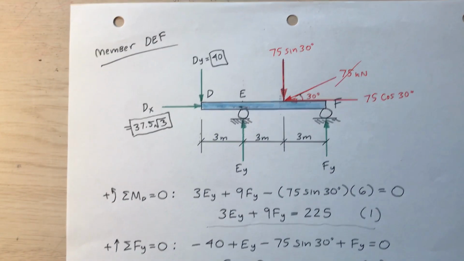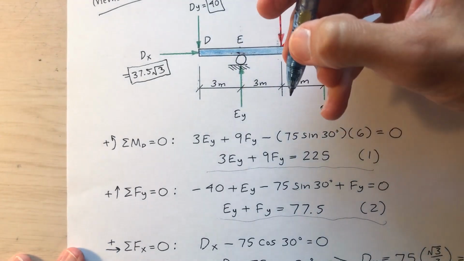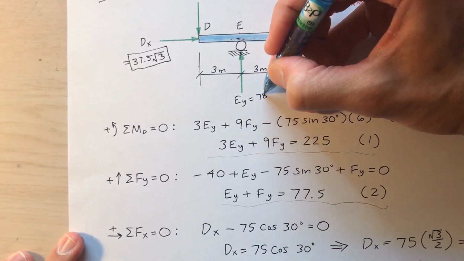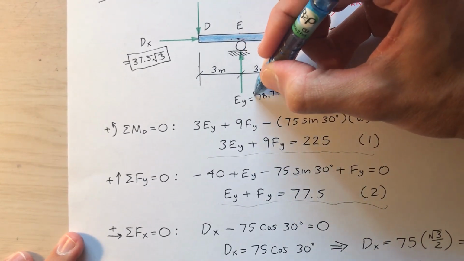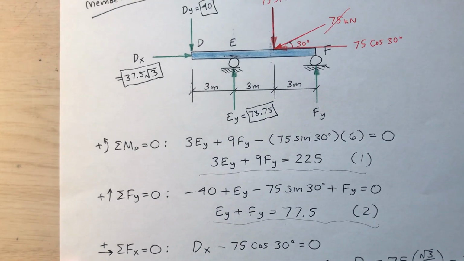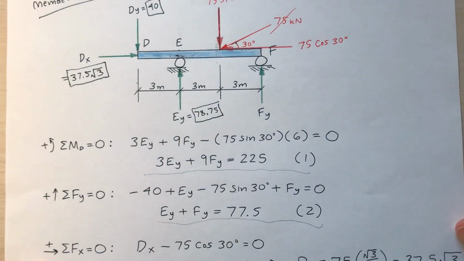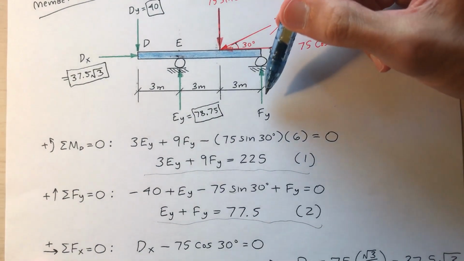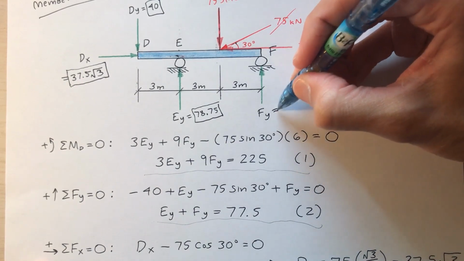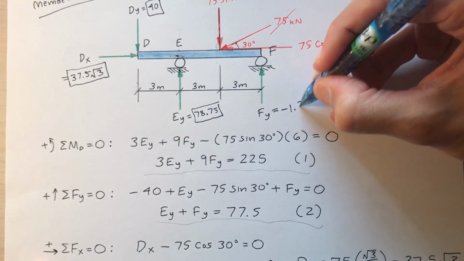So e sub y is 78.75 kilonewtons, and then f sub y. I show it pointing up, it's actually down, but I'll leave the arrow as is, and I'll just put a negative here, so negative 1.25.